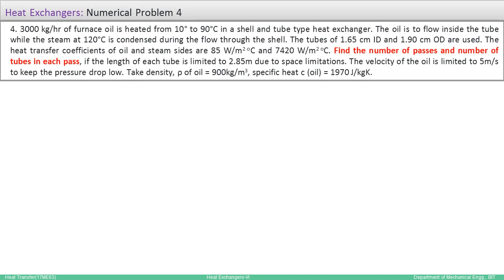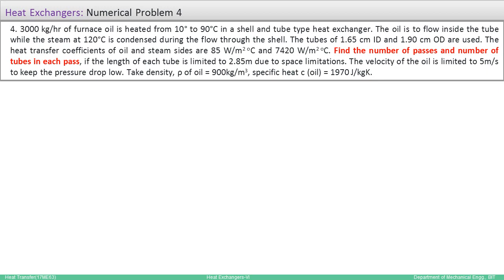3,000 kg per hour of furnace oil is heated from 10 degrees Celsius to 90 degrees Celsius in a shell and tube type heat exchanger. The oil is to flow inside the tube while the steam at 120 degrees Celsius is condensed during the flow through the shell. The tubes of 1.65 cm ID and 1.90 cm OD are used.